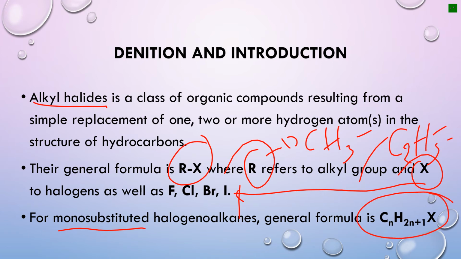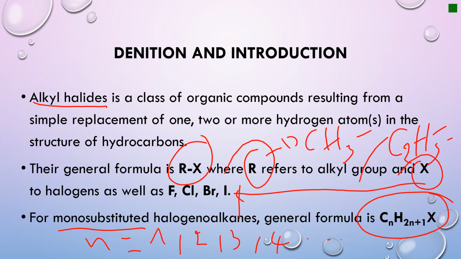So this formula works only for the monosubstituted, where n represents the number of carbons in the chain. This n can be 1, 2, 3, 4, and so on, depending on the carbon chain you have.